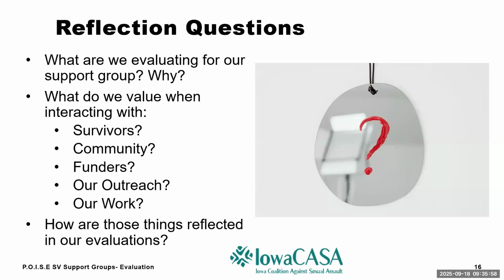If we value community buy-in and support, that will influence our evaluations as well. And if we value our ability to be responsive and nimble and be efficient, that will also show up in our evaluations. And none of these things are more valuable than the other, right? All of them have some place in how we conduct our programs. But as I'll say over and over again in this webinar, what we value has to be balanced.